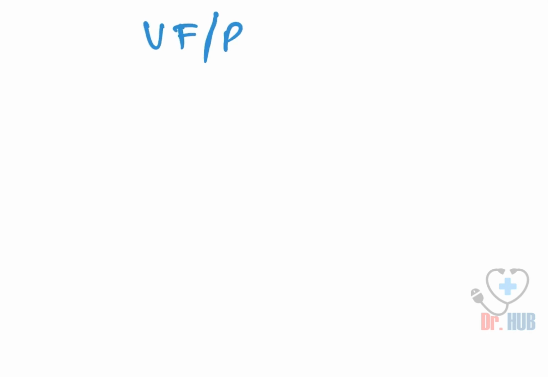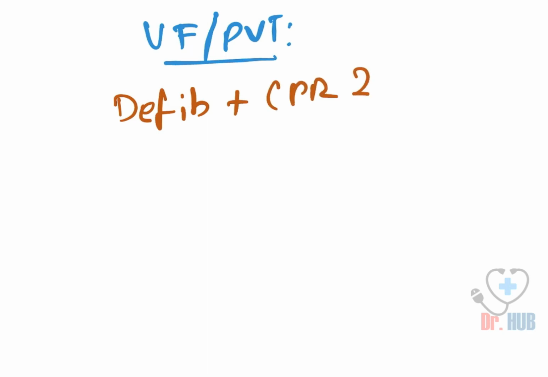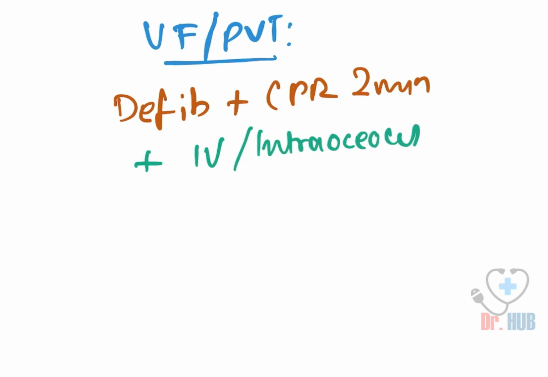So in case there is VF or the PVT, how does it proceed? The first step is we have to defibrillate, then we immediately resume the CPR for 2 minutes. Even if the defibrillation has worked, we immediately resume CPR for 2 minutes. And next step is to give the IV as well as the intraosseous access.